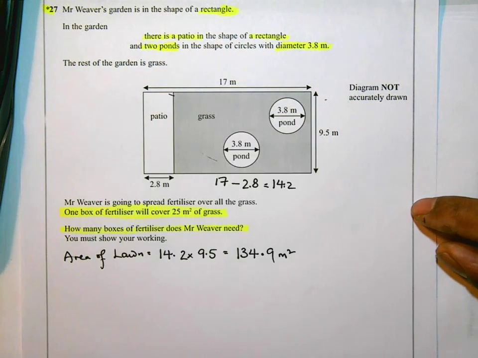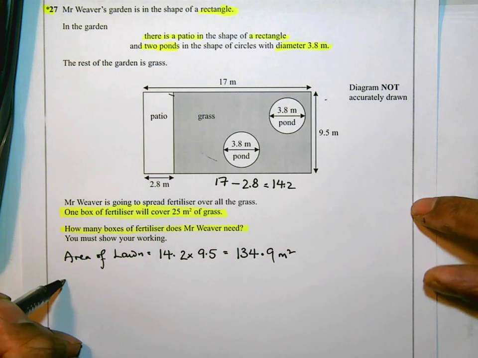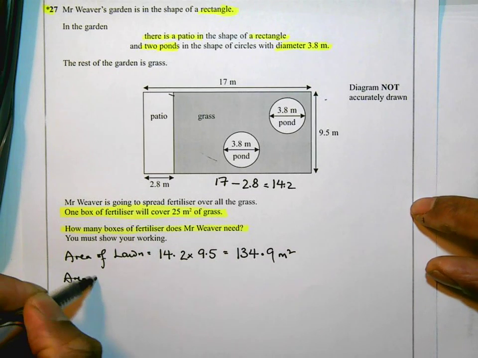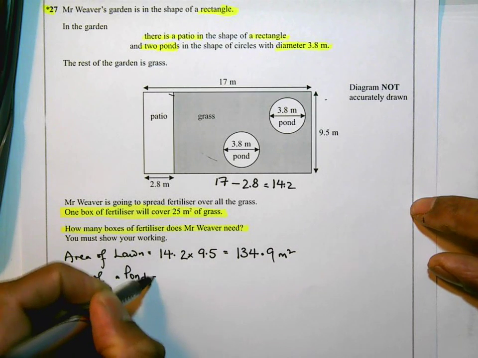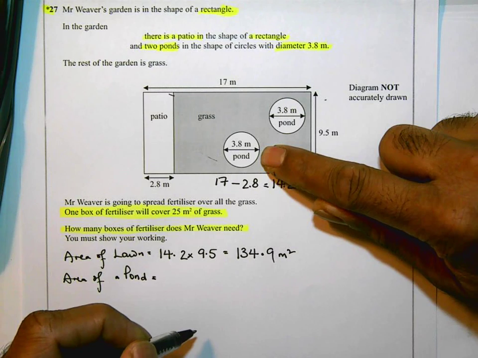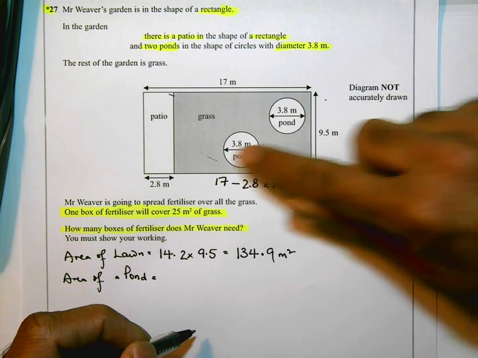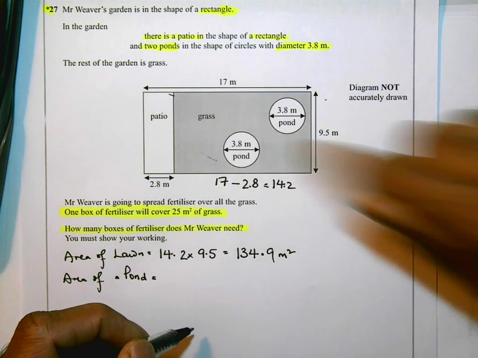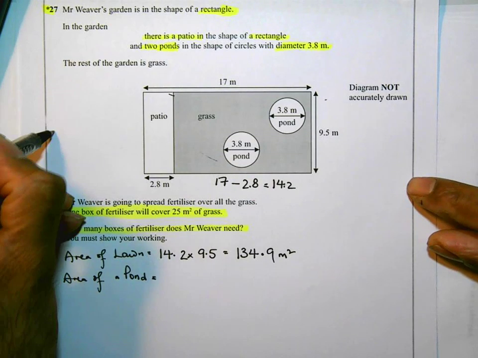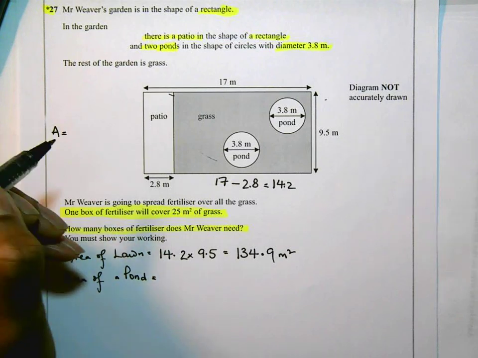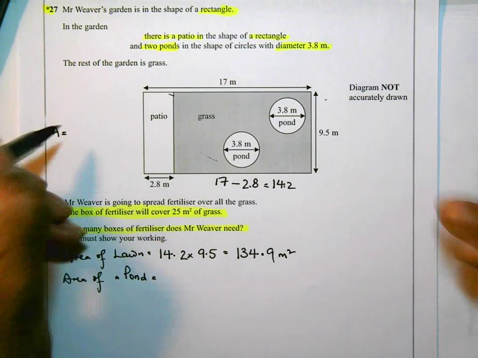What I need to work out now is the area of a pond. The diameter is all the way across, and that shape is a circle. Now remember, area of circle is cherry pie is delicious, apple pies are too.